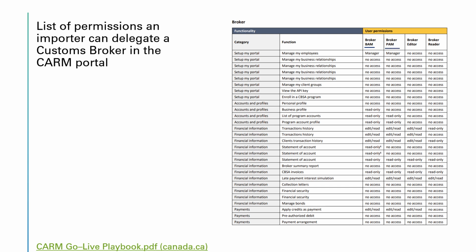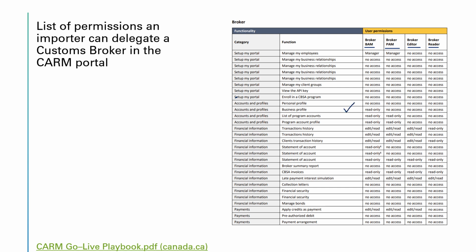The user and the customs broker will have the same roles, but you can see that the broker will have no access to set up the portal unless they do it on behalf of the importer. But depending on if it's a BAM or a PAM, they will be able to look into the business profile.